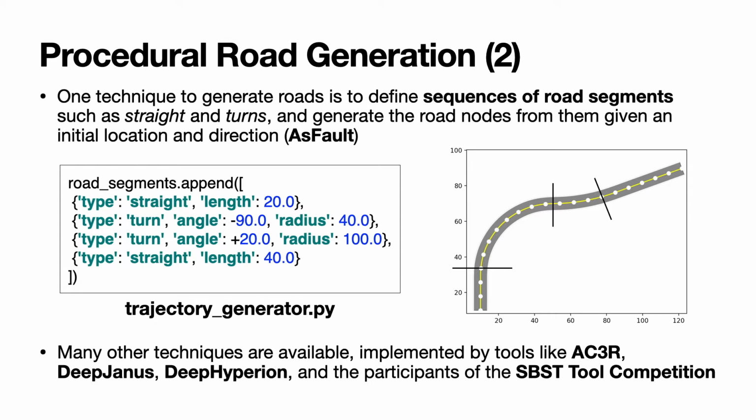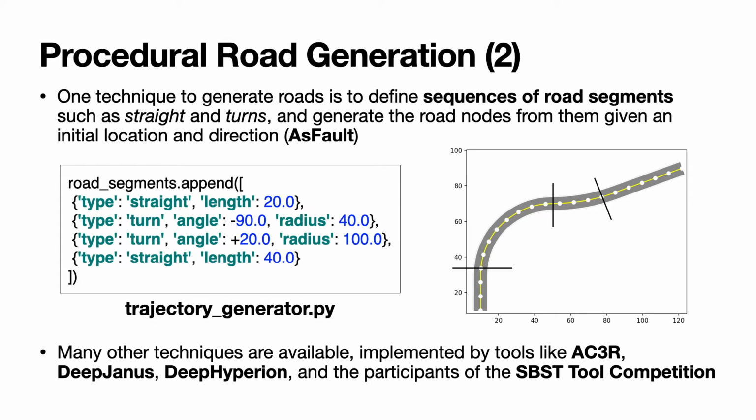By creating a sequence of those segments, we can generate a road given an initial location and initial direction. This is where procedural generation comes into place, because from the definition of a segment, we can interpolate the points that form the road and then ensure that different segments are seamlessly attached one to another.